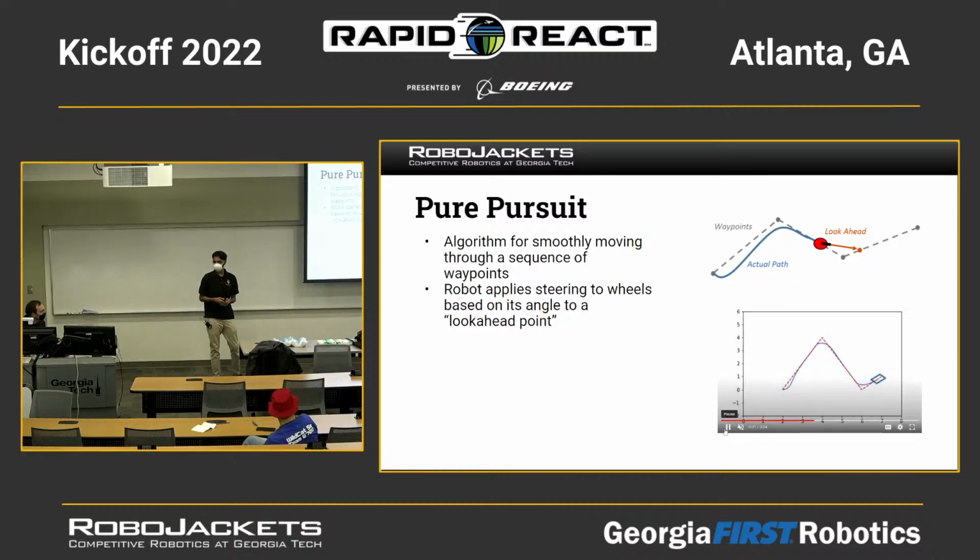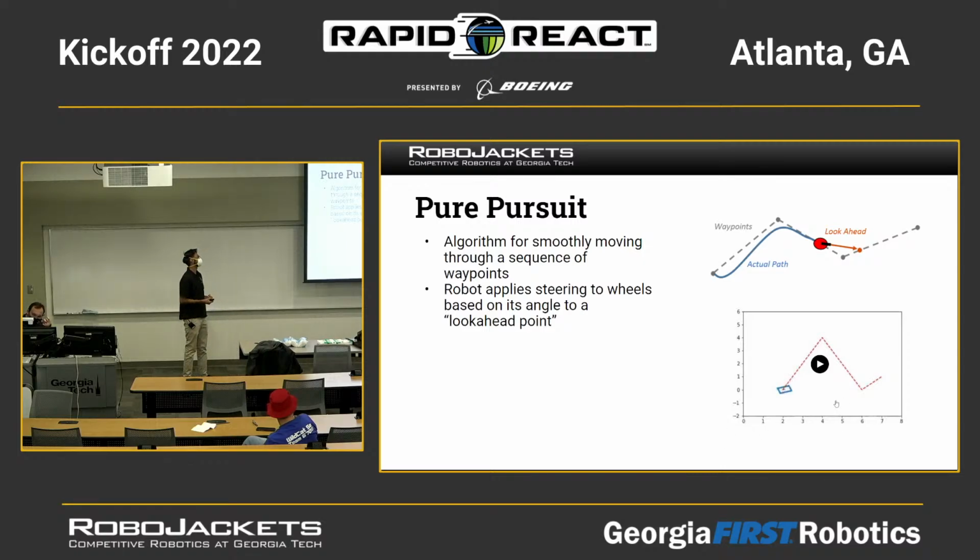So one way that we can approach this is through the pure pursuit algorithm. The pure pursuit algorithm is just a control algorithm which allows you to smoothly move through a series of waypoints. And so how does it do that? The robot is trying to follow, in a sequence of arcs, the look-ahead point.